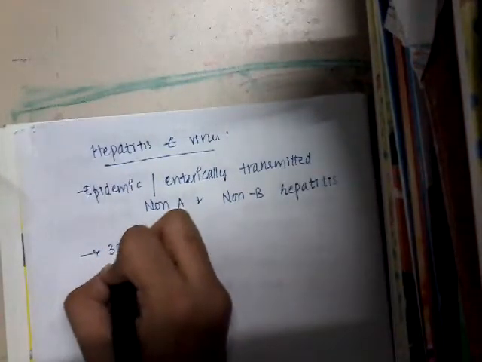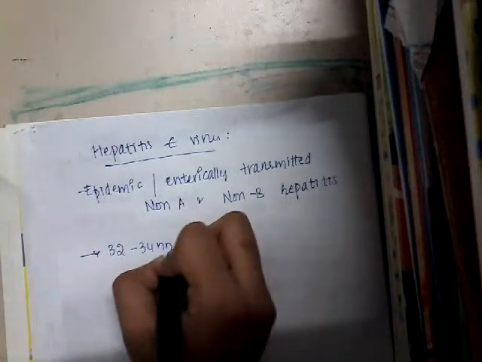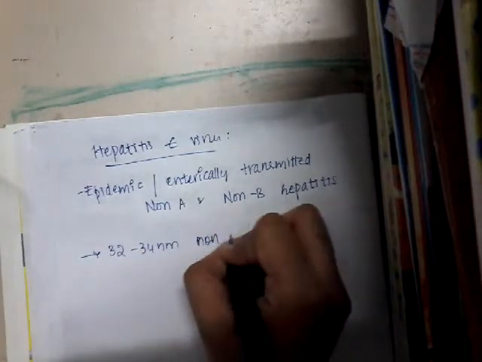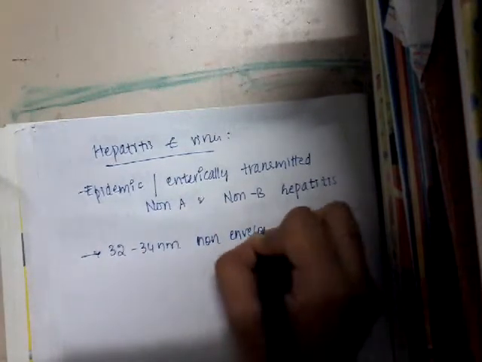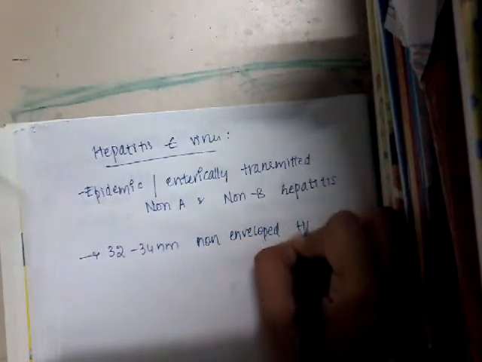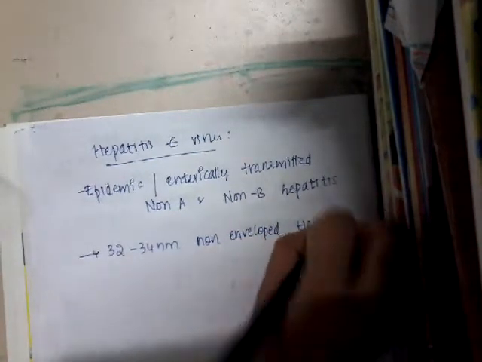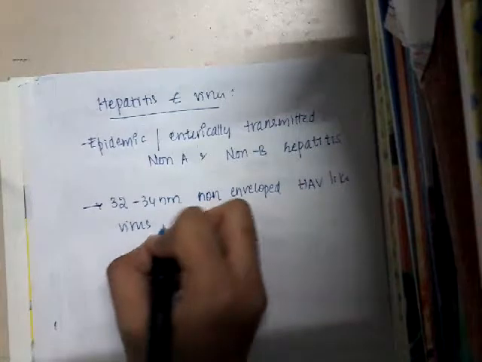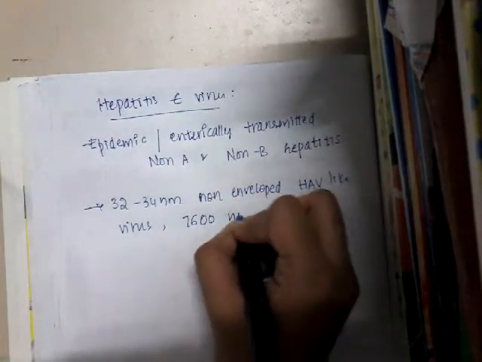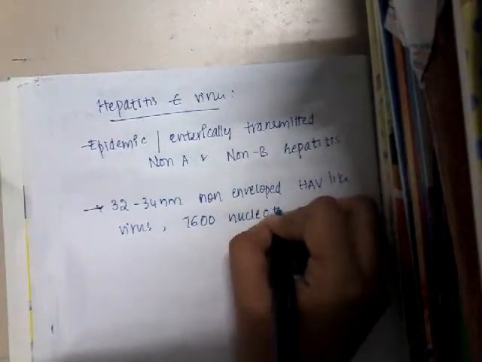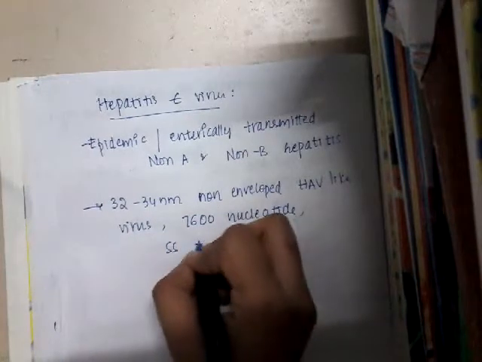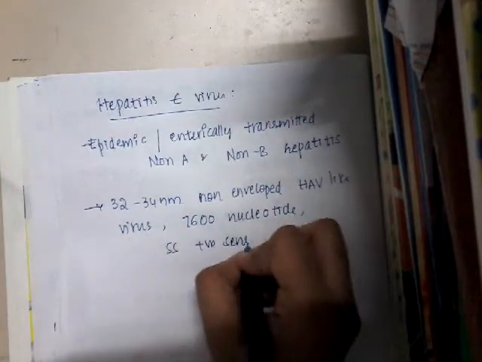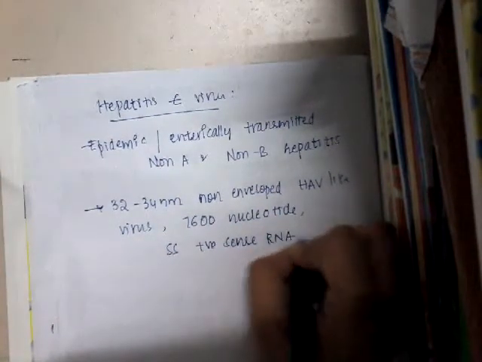It is around 32 to 34 nanometers, non-enveloped, HAV-like virus, and it has a 7,600 nucleotide single-stranded positive sense RNA genome.